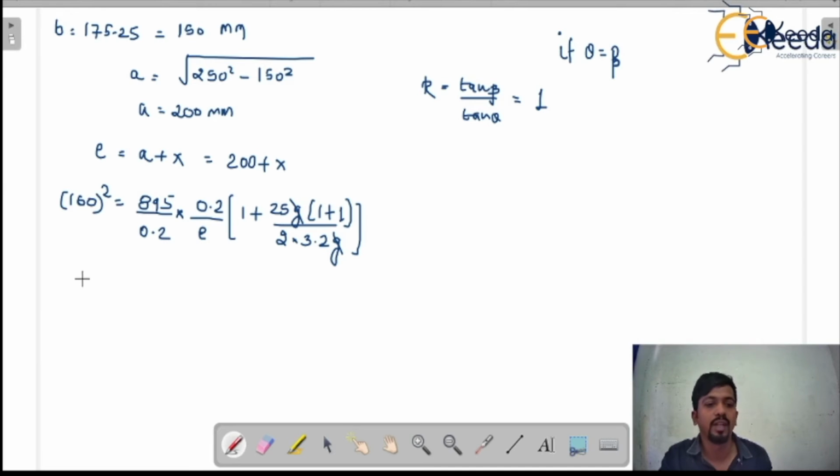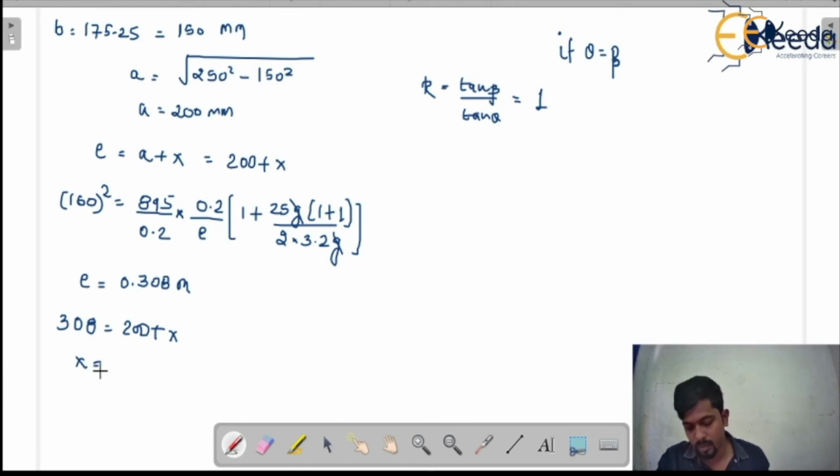Now we just have to calculate the value, and from here you can calculate the value of E. The E value that you will get is 0.30308, this would be the value in meters, and we know that E is equal to A plus X. If I write E in mm, it would be 308 is equal to 200 plus X. So the value of X you will get is 0.108, or 108 mm.